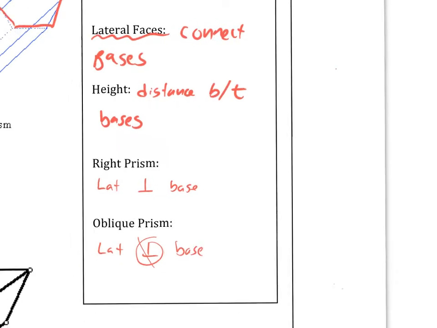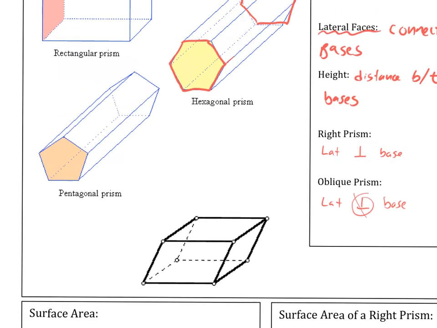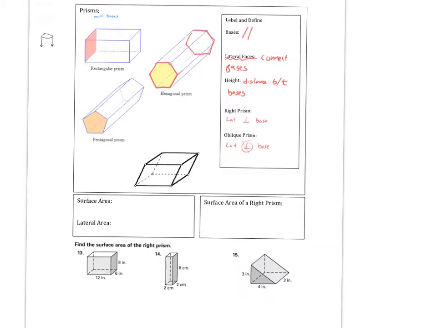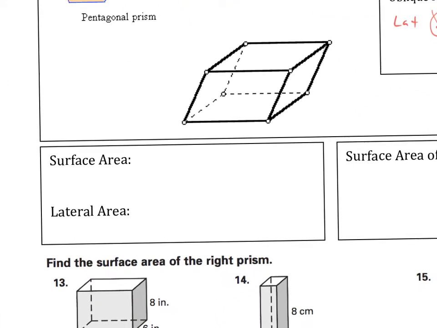So here would be an example of a right prism, just going straight back, or if I stood this on end like a Pringles can, but not a cylinder, then one base would be directly above the other base. In this case here, notice that this base is not perfectly above this one, so in this case, oblique is what we have.